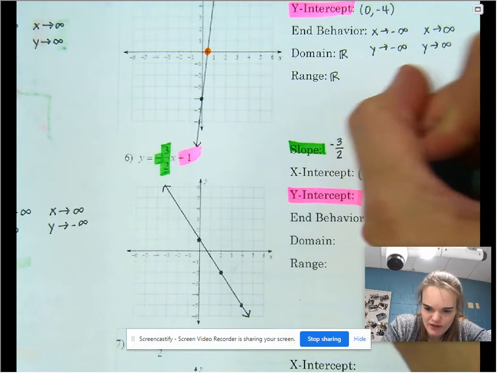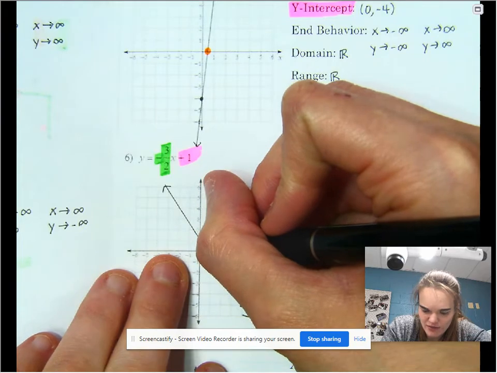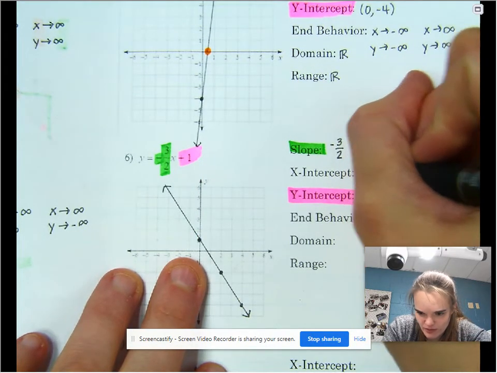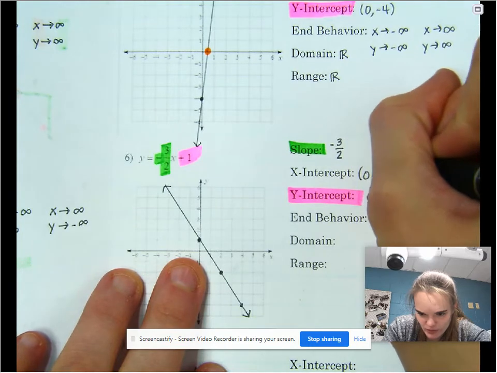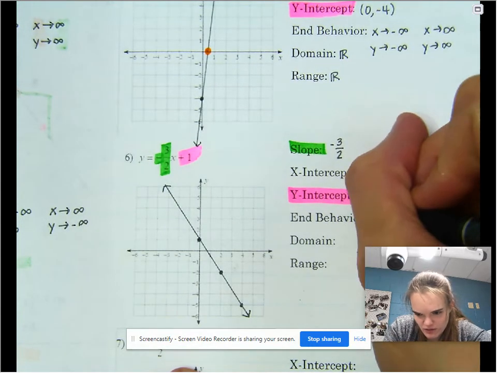X-intercept, again, we're guessing. We haven't learned how yet. It's somewhere in between here. It's not quite a half. It's a little over that. But we're going to put a half. And we're going to learn how to find the real number tomorrow. It's actually 2/3.